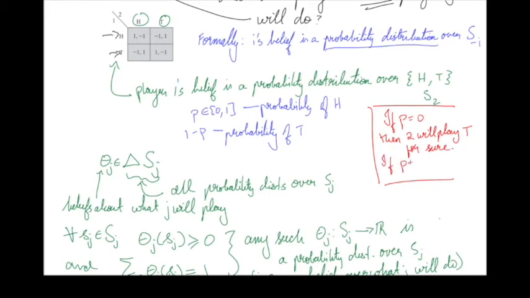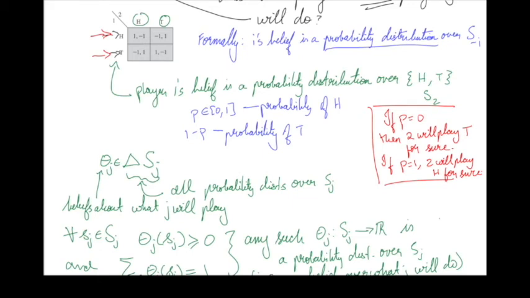If P equals 1, 2 will play heads for sure. For these two special cases, it's clear how you would calculate the payoff of player 1 from playing either heads or tails. So if he thinks player 2 is going to play heads for sure, then his payoff from playing heads is 1, payoff from playing tails is -1. And similarly, if he thinks player 2 is going to play tails.